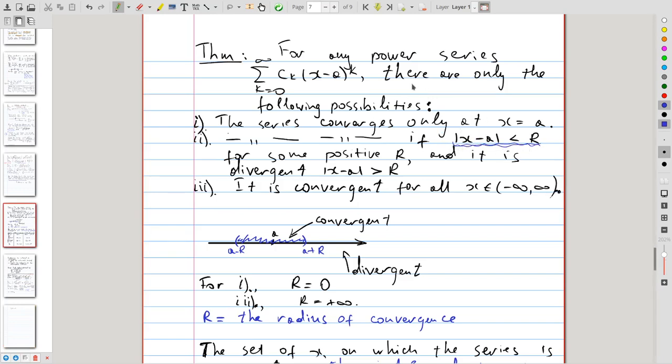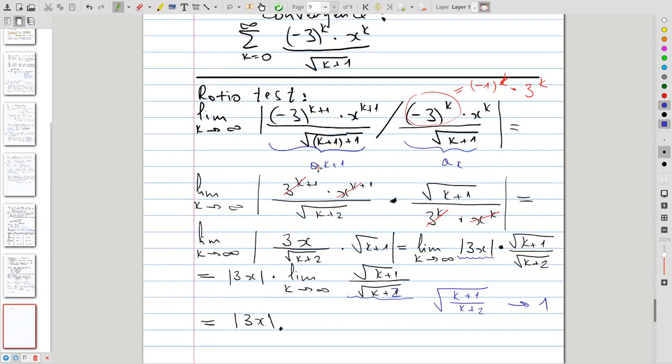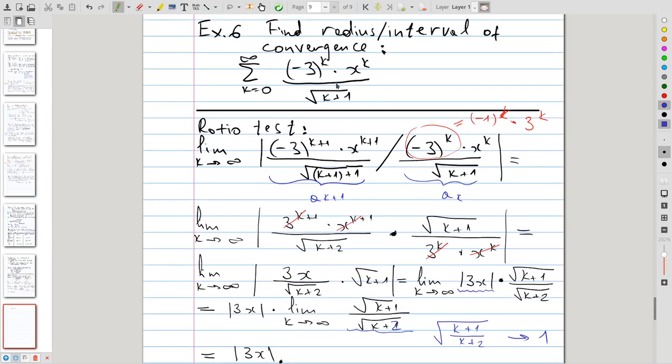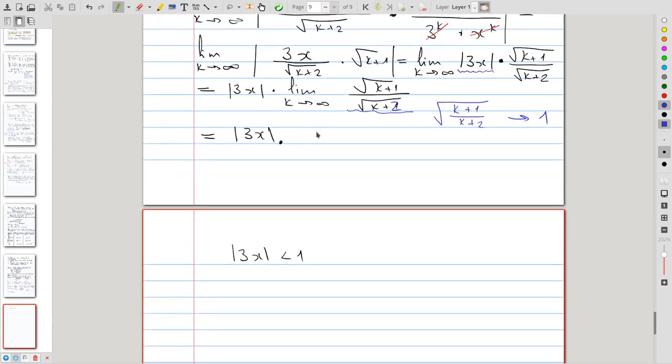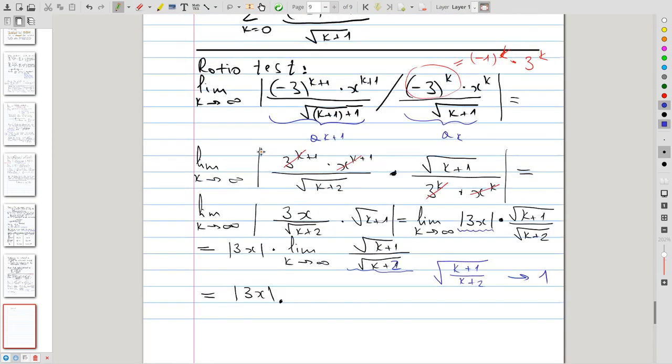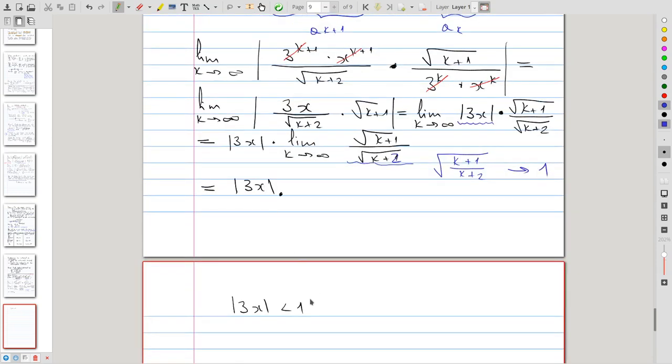So the condition for the interval of convergence is the absolute value of x minus a less than r. In our case, a is simply 0. We do not have anything like x minus a number here, so this means that a is 0.